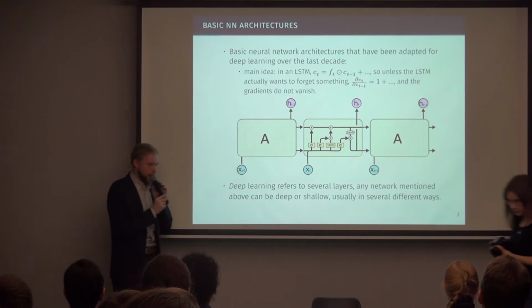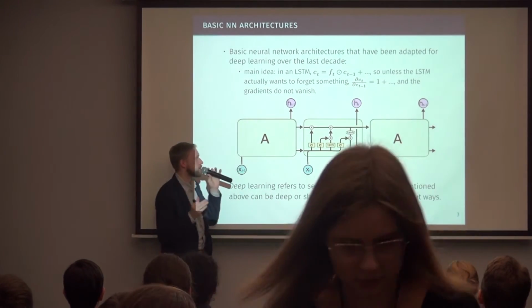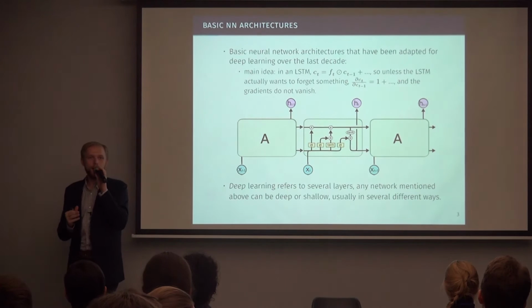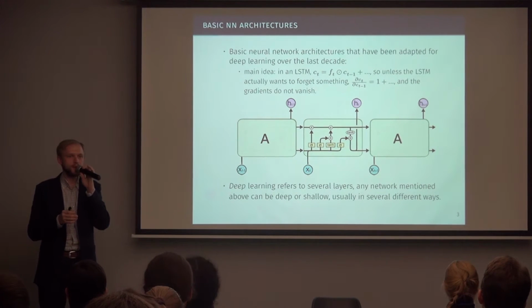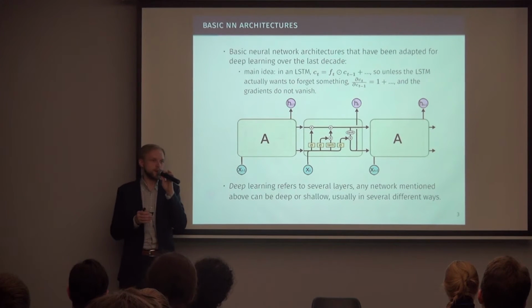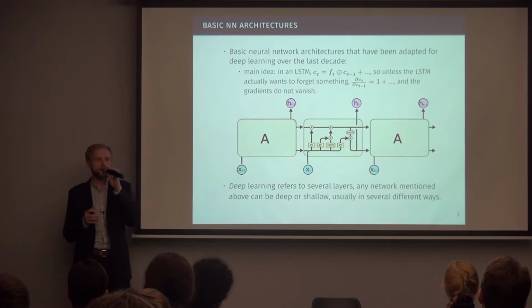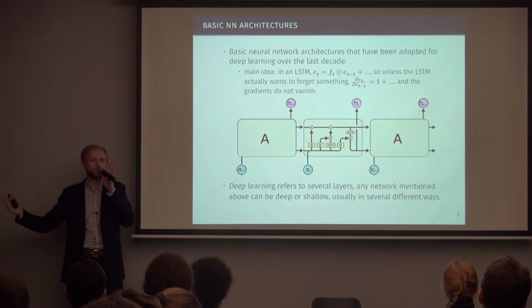The deep learning revolution that happened 10 years ago and has been happening since is at least as much about the size of the data sets and the hardware as it is about new ideas. If you take a very old neural network architecture from the 1990s and you just make it larger and train it on modern GPUs, you will get a very reasonable network.